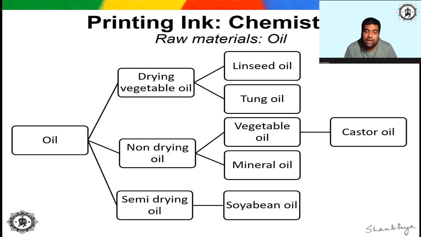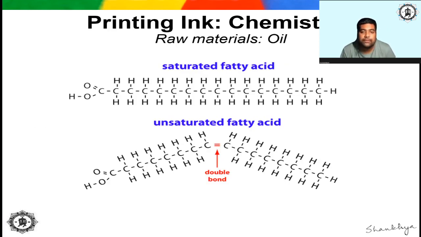Okay. So now let us understand why I am saying this drying vegetable oil dries with the help of oxidative polymerization, or aerial oxidation, whatever you like to call it. Okay, so let us take a look. See, essentially these oils are nothing but fatty acids, right? Now structurally you can have two types.